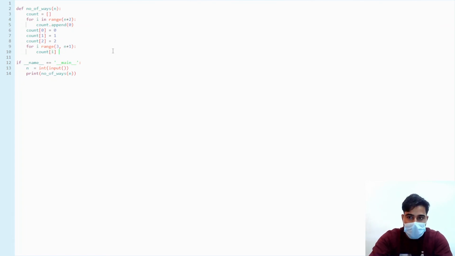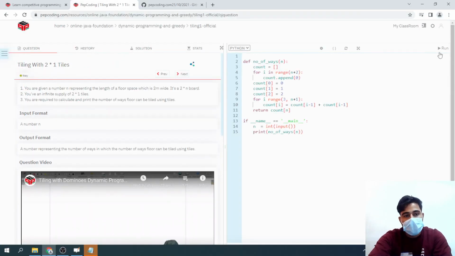It is our faith in the function, meaning the remaining part, that is i minus 1, gets tiled itself, and we will count the number of ways it tiled itself. At last we just return count of n. So this is our function. Let's try to run it.